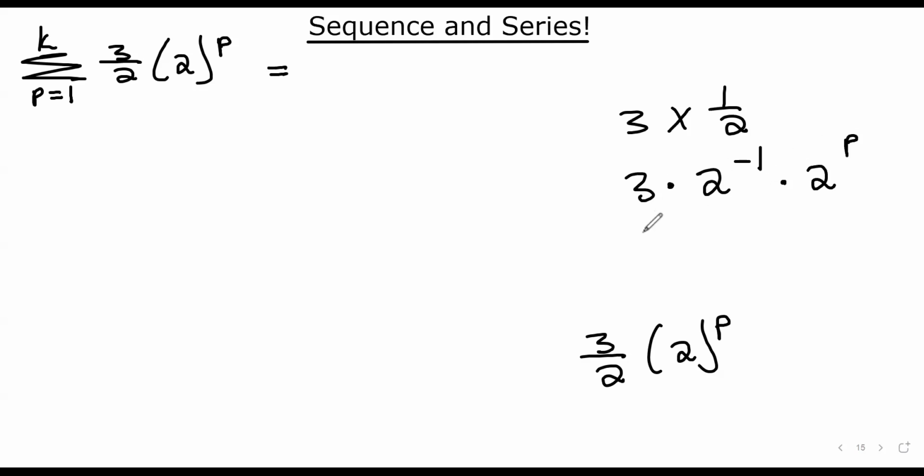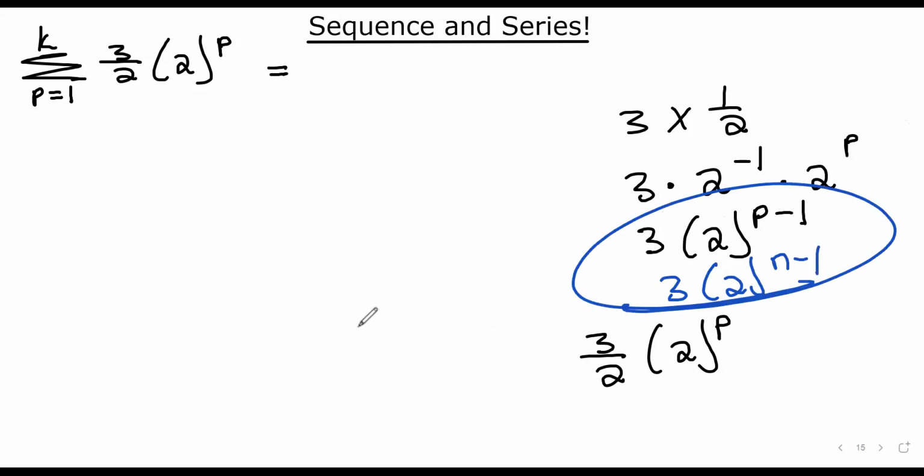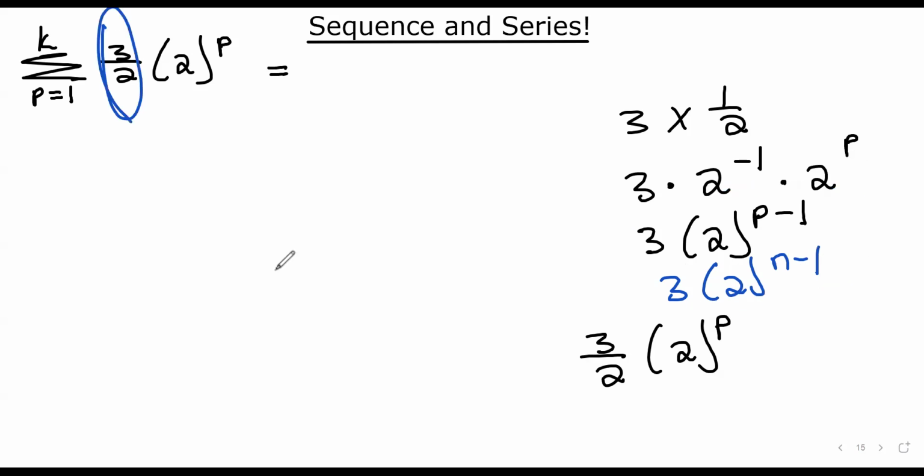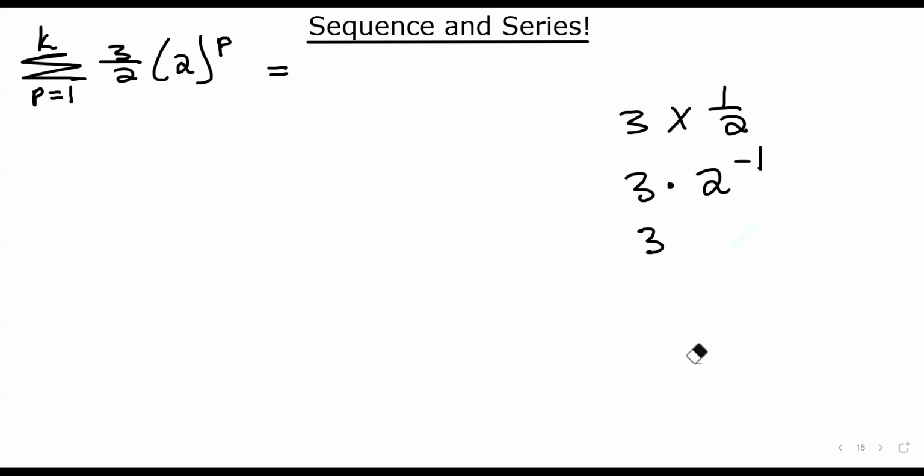And of course, when multiplying powers of the same basis, you simply add the exponents. This is exactly the same as the general term that we have written before, which we said is 3 into 2 to the n minus 1. It's exactly the same thing, just that they played a trick on you. So yes, please make sure you can see things like that. Okay, fine. So now we know that this is actually 3 times 2 to the p minus 1.